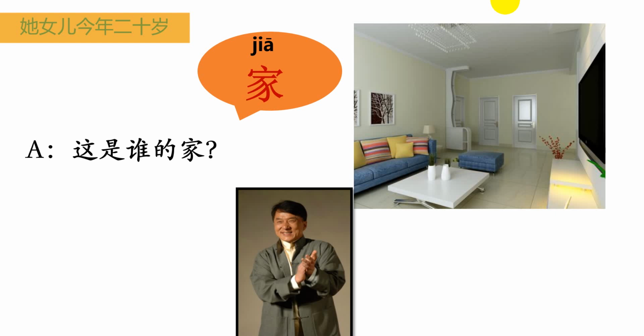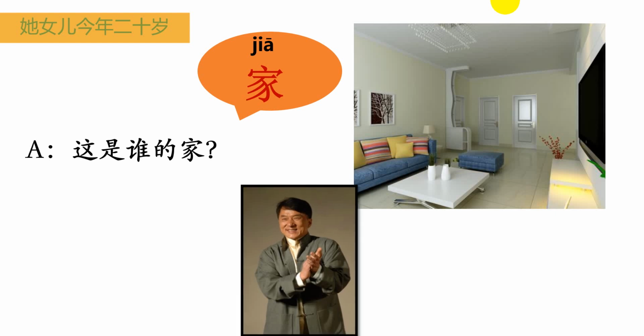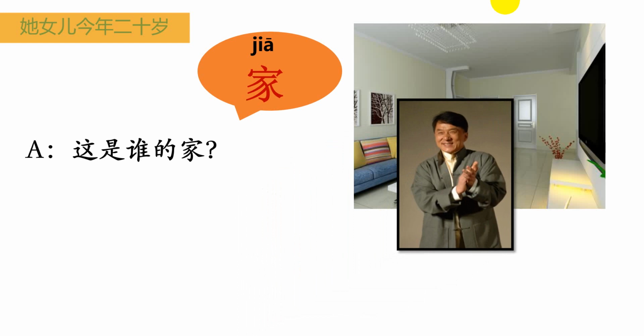Yes, 成龙. If I say this is Jackie Chan's family, then for the answer, 这是谁的家? 这是成龙的家. Yes, this is Jackie Chan's family.